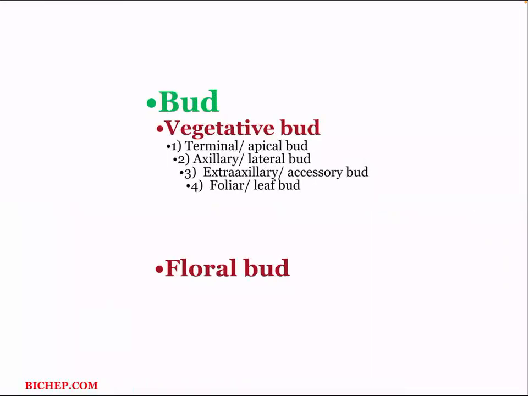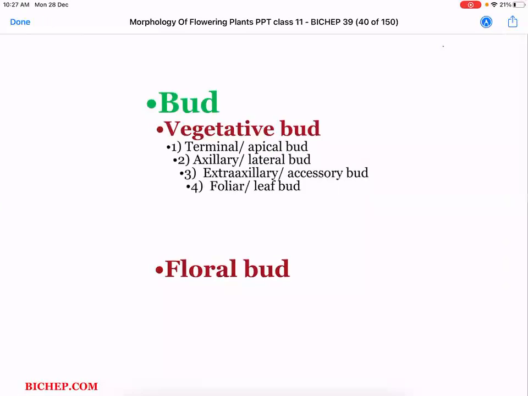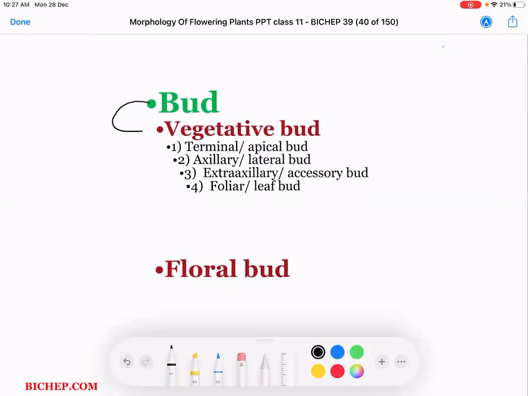Now, the main two types of buds we can find. One is the vegetative bud, which produces mainly leaf, right?